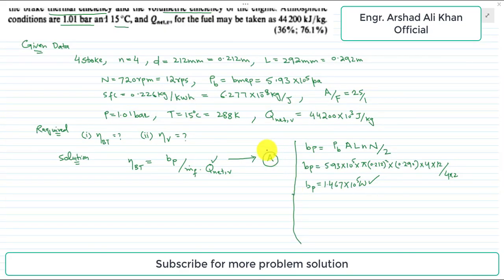The second thing which is required is the value of mass flow rate of the fuel.